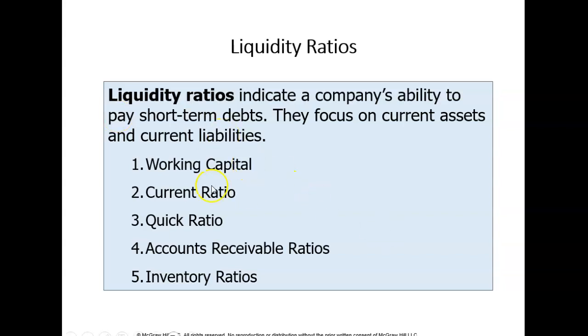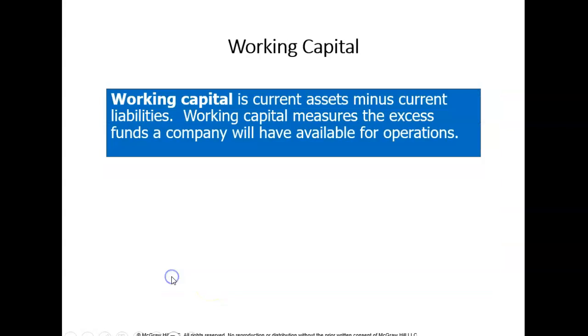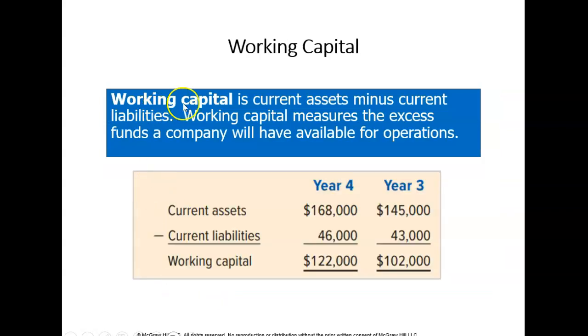There are 5 different ratios we'll take a look at that focus on liquidity: the working capital, the current ratio, the quick ratio, accounts receivable ratios, and inventory ratios are going to be our 5 categories. Okay? Let's begin with working capital. Well, what is working capital? It is the excess funds a company will have available for operations. To compute your working capital, it is simply your current assets minus your current liabilities.